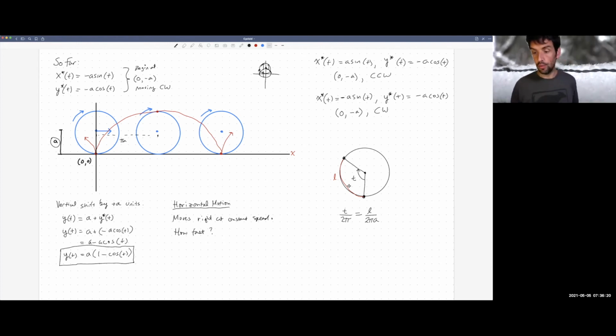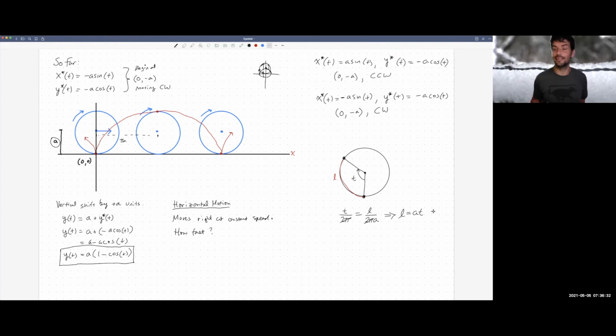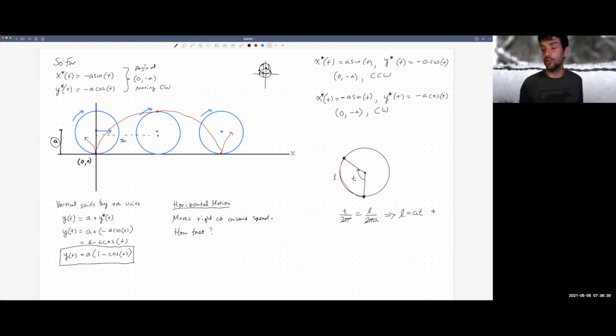Well, let's just solve this for L. The 2 pi's cancel. We multiply by a. The amount of length we've moved in time t is a times t. Right? The radius times how long we've been traveling.